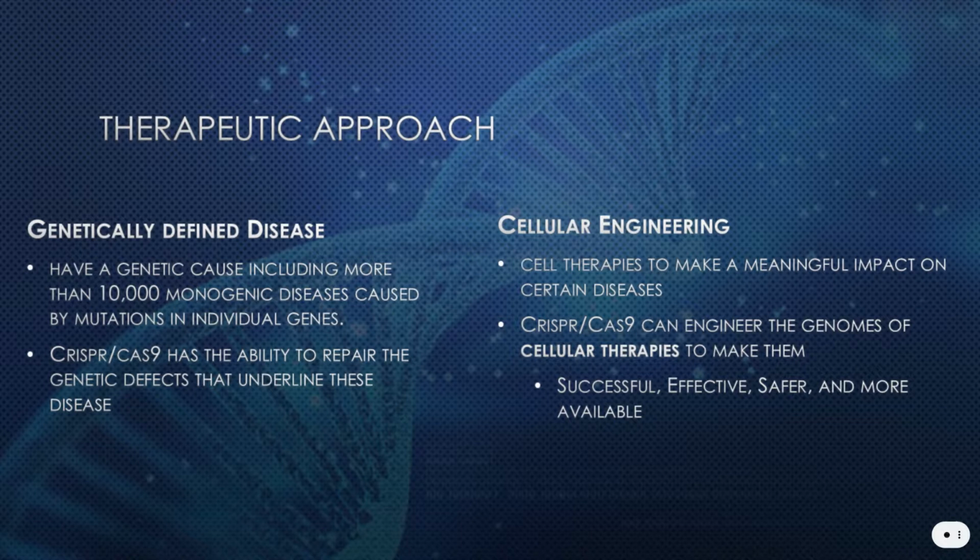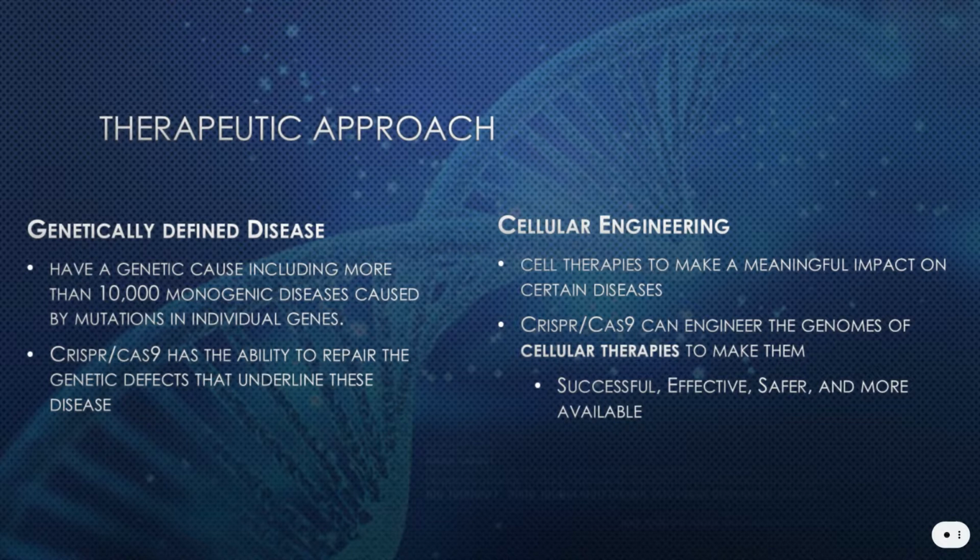CRISPR-Cas9 aims to target the source of genetically defined diseases and engineer the next generation of cellular therapies. Genetically defined diseases have a genetic cause, including more than 10,000 monogenic diseases caused by mutations in individual genes. CRISPR-Cas9 has the ability to repair the genetic defects that underlie these diseases.